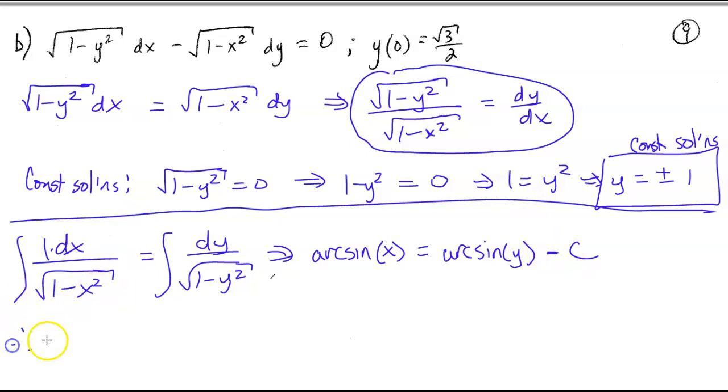So from here, we'll have arcsine of x plus c if we add c to both sides. And this will just be arcsine of y.